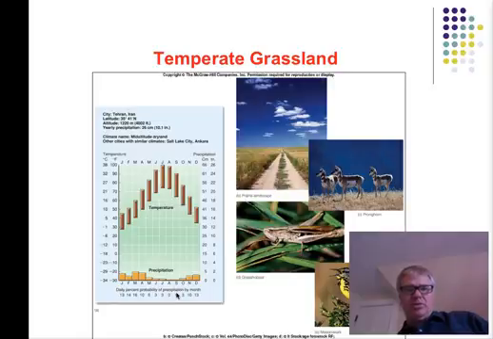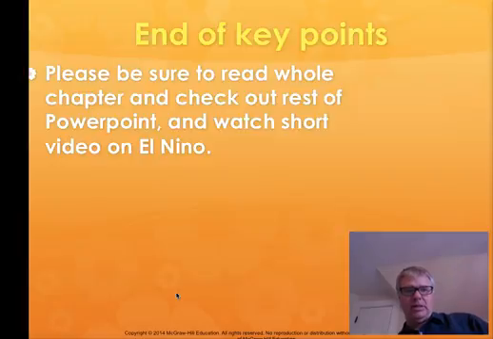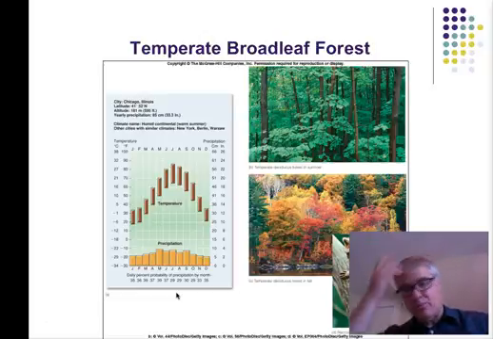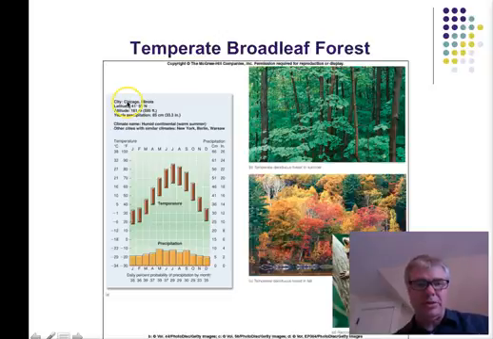Contrast that, let's see, do I have a tropical rainforest? Nope. Let's take a temperate broadleaf forest, which is sort of what we have here. This is an example from Chicago, Illinois. You can see that their temperature changes much more over the course of a year, right? You have very cold temperatures in January and December and very warm temperatures in the summer, but not as much change from day to night at any given time of year.